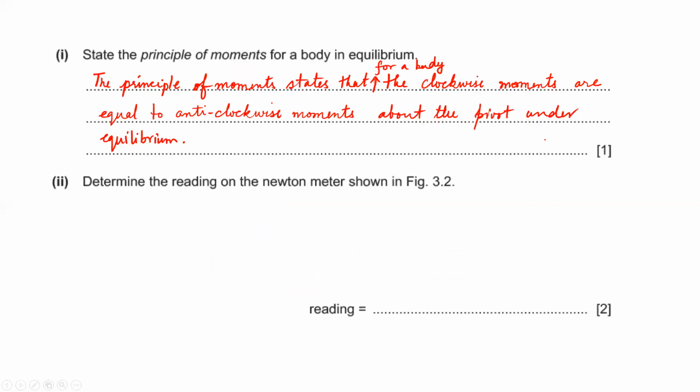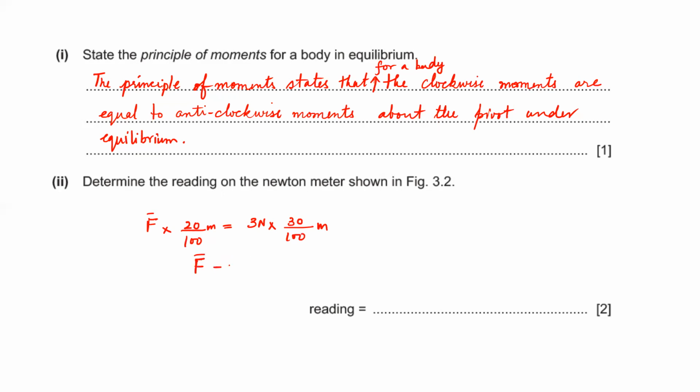So going back, what we saw is that force F is acting upwards, multiplied by 20 centimeters divided by 100. Similarly, the 3 Newton force was acting, and 30 centimeters was the distance, in meters. So we can simply find the value.